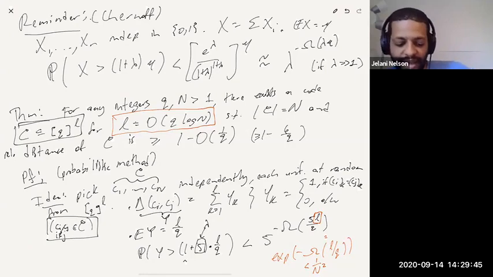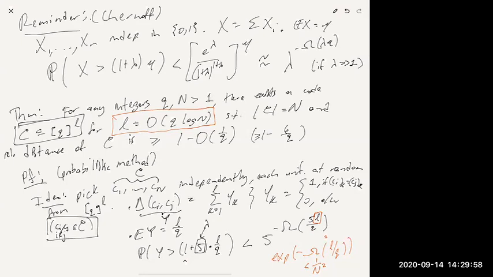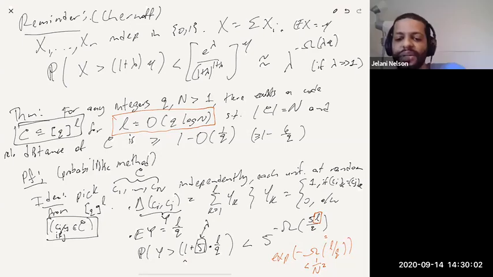So anyway, the probability that two code words are too close is at most 1 over n squared. I union bound now over all different pairs of code words. How many pairs are there? N choose 2. N choose 2 is less than n squared. So by union bound, the probability that there's some pair that's too close is strictly less than 1, which means that the probability that no pairs are too close is strictly bigger than 0.